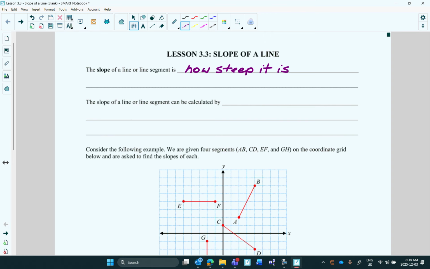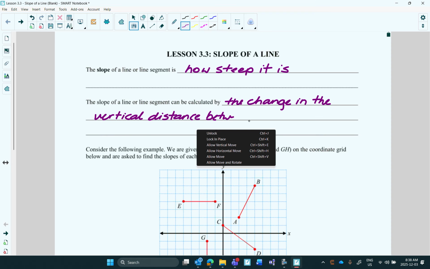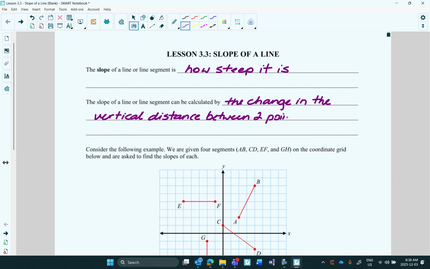Okay? And how do we calculate slope? Well, it's the change in the vertical distance between 2 points divided by the change in the horizontal distance.